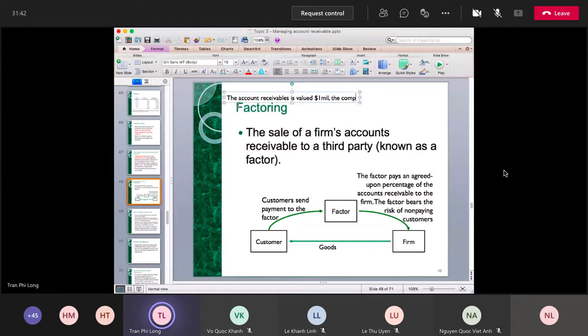So the company can sell the account receivable for a price of, let's say, 0.95 million. So the factor will pay the firm 0.95 million, and then they will collect 1 million from the customer. That's how the factor can make profit.